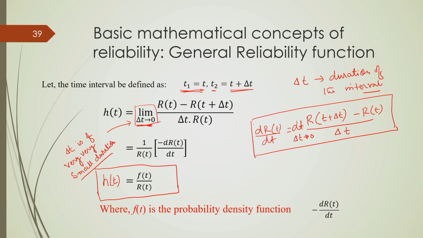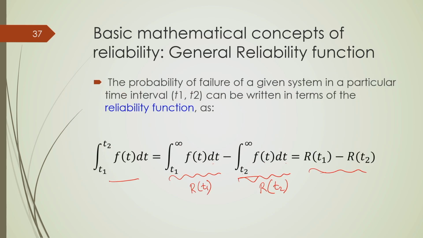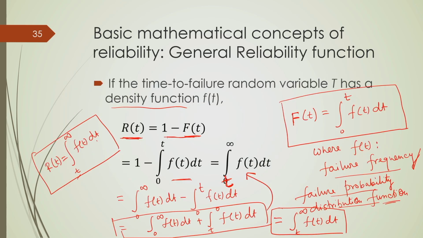Now, what is that rate of change of the reliability function? We can find this out, because we know the relationship of R(t) with f(t). Let us go back and see, we know that R(t) is equal to 1 minus F(t).